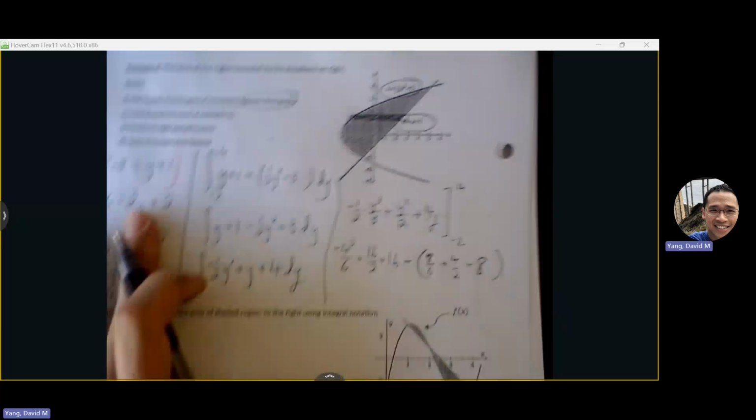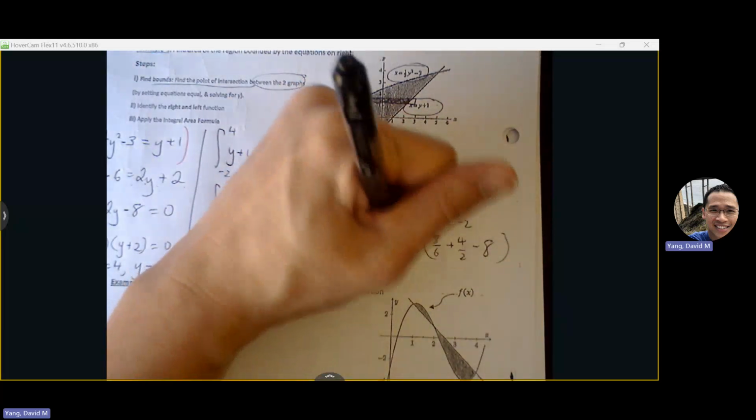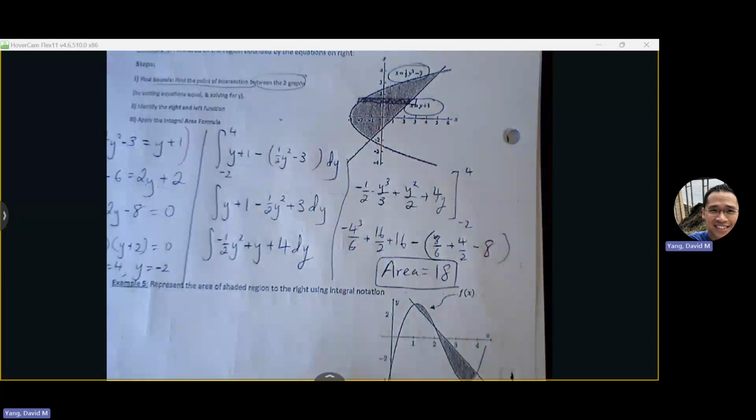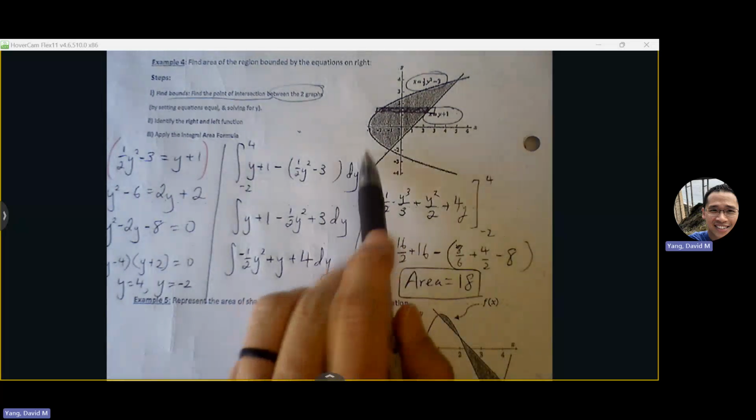Okay, we won't have to worry about doing a bunch of messy calculations here. Eventually, our calculator will do all the work for us, but I just want to go through the steps here. It ends up giving us 18, and so 18 is the area of the shaded region.